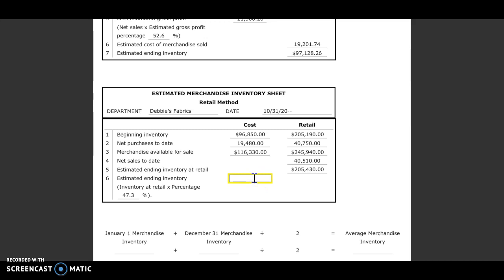Okay, so then our estimating ending inventory. Here they tell us exactly what we're going to do. We're going to take our inventory at retail times that percentage that we figured out.